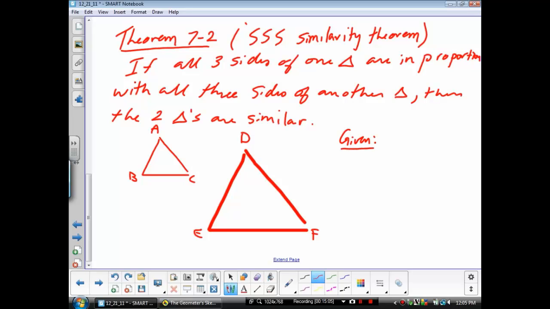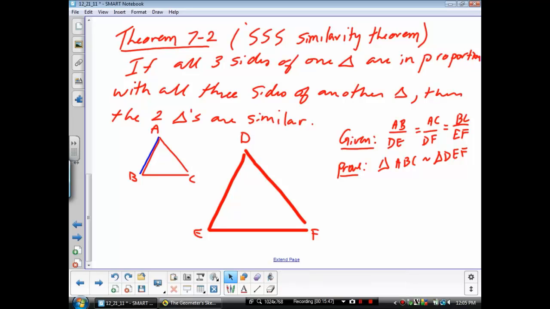We're still going to locate a point X, starting by locating a point X on DE so that DX is equal to AB, and then drawing a line through X parallel to EF and calling the point where it intersects DF Y.